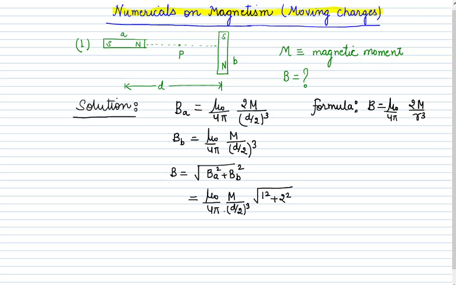So this gives us the resultant magnetic field. If you calculate this, 4 plus 1 is 5.